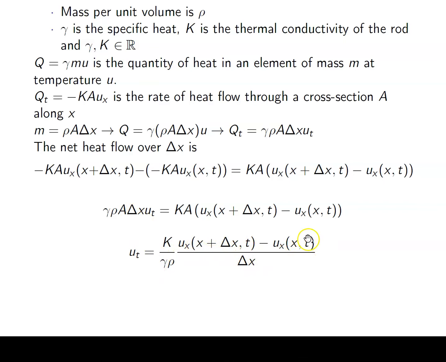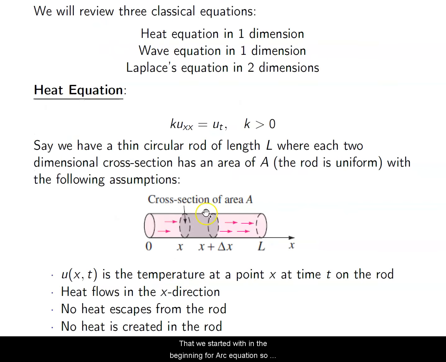And again, if you notice, this is the form of a derivative right here, right? It's the rate of change of the derivative of U with respect to X, over delta X. So when we let delta X get small, this turns into a second derivative with respect to X. So the thermal conductivity over gamma rho times U double X is equal to U sub T, and that's the equation that we started with in the beginning for our heat equation.